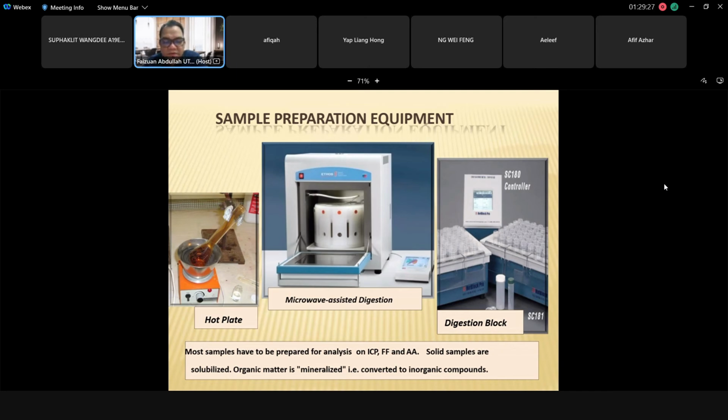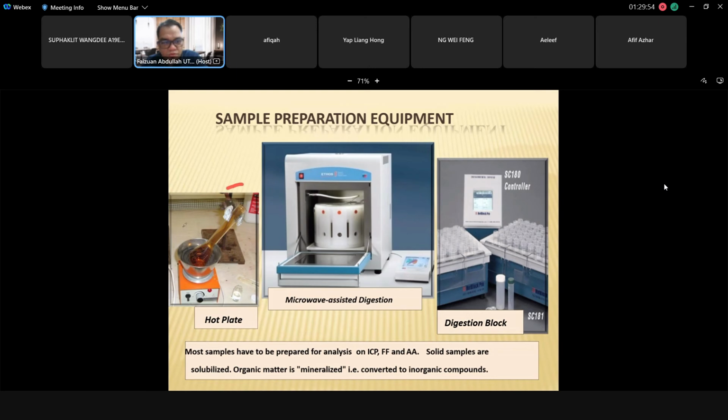We have the microwave assisted digestion. We have a specialized instrument for that. We put the sample inside, and the analyte will not volatilize outside of the vial because it is closed and heated. It is heated in a closed vial using microwave heating. So we have three types of sample digestion technique.